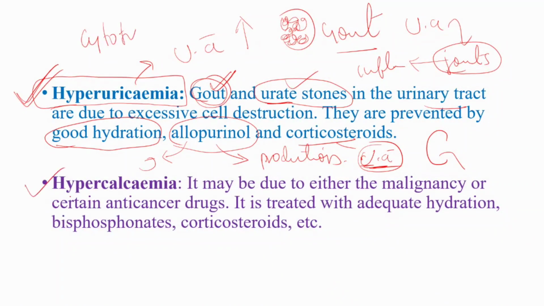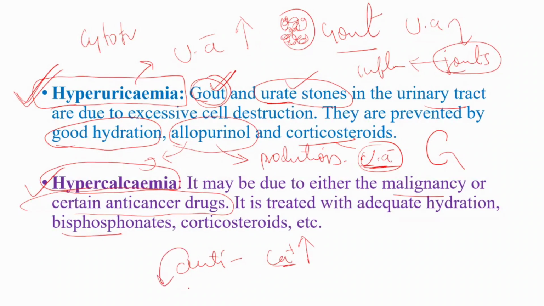And next is hypercalcemia, very, very important. It may be due to malignancy or certain anti-cancer drugs. When calcium concentration increases in the body, the calcium content in the cells will decrease, and that causes hypercalcemia.